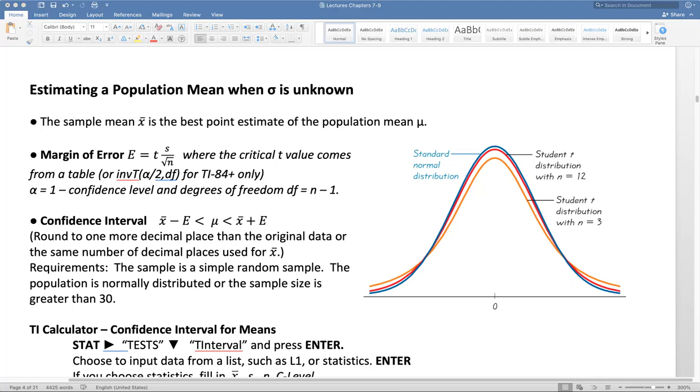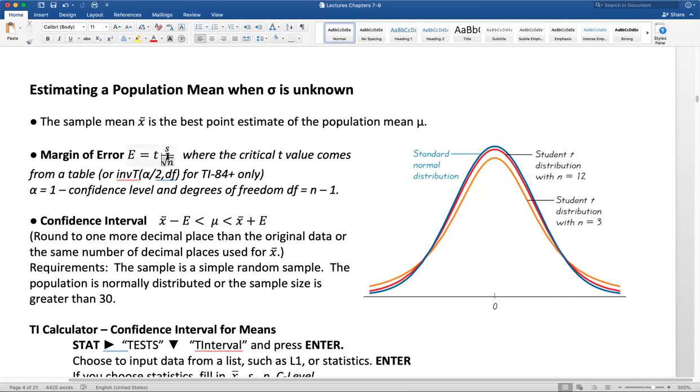The confidence interval is using the sample data to construct and interpret a confidence interval estimate of the true value of the population mean mu. So the confidence interval consists of X bar minus E and X bar plus E, where E is the margin of error. E is t times s over square root n.